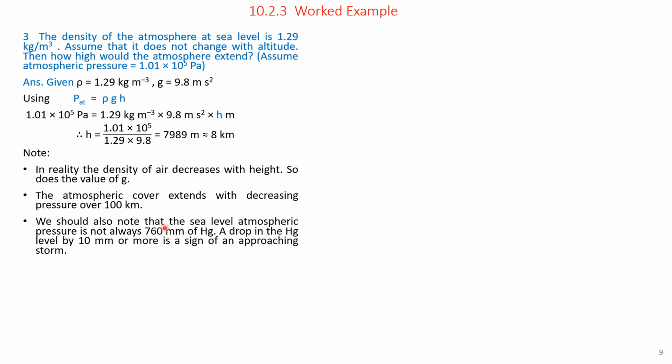We should also note that the sea level atmospheric pressure is not always 760 millimeters of mercury as explained earlier. A drop in mercury level by 10 millimeter or more is a sign of an approaching storm.